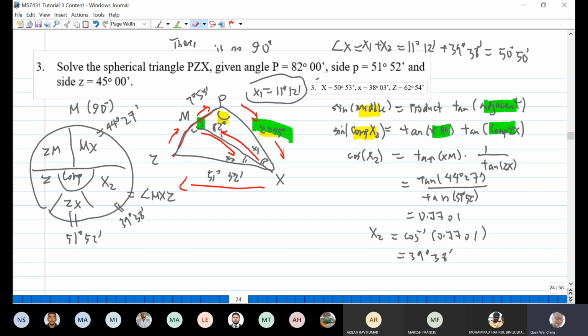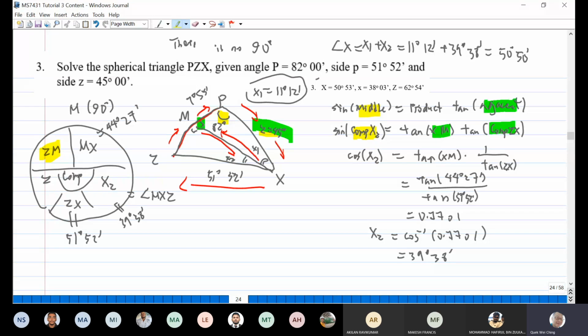ZM, can I use? Okay, I can put it in the yellow first, and then you decide which one to use. So ZM, okay, no choice.